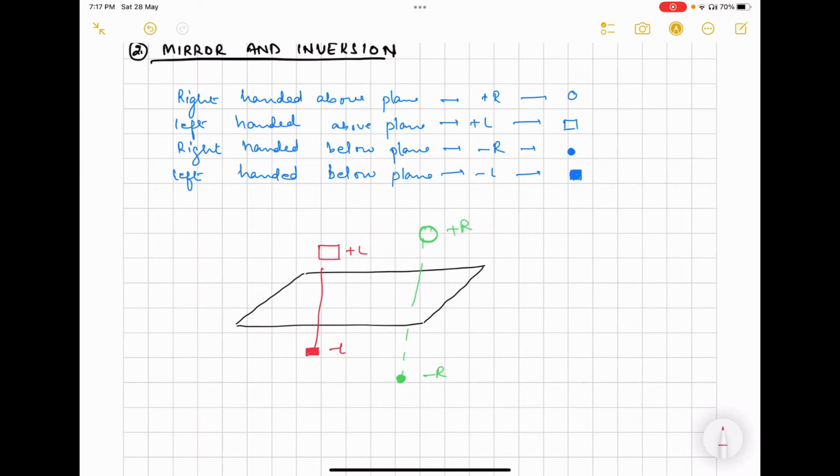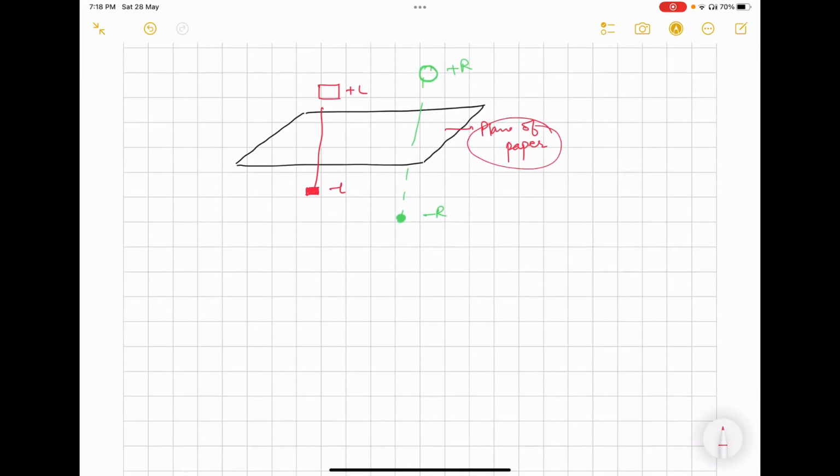Okay, this is your plane of paper or whatever on your screen. Okay, so now let us see mirror and inversion.